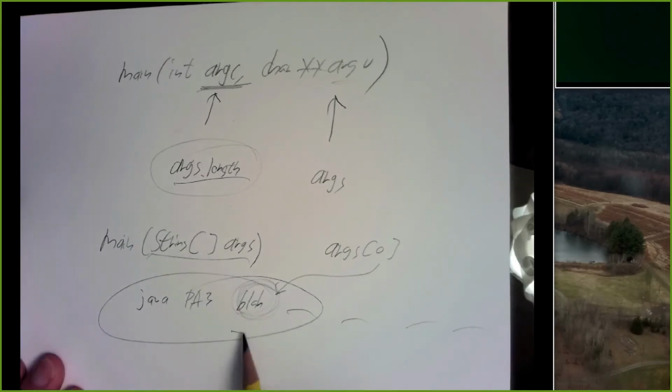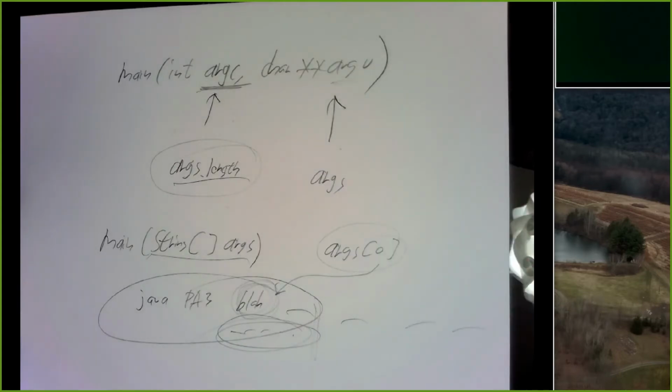So whatever symbols you put after this, up to the first space, goes into args[0], and it's a string. If it's a hexadecimal number, you could use Integer.parseInt to change it into an integer internally and so on. But it's the same as we saw in C, where this is basically an array of strings, or an array of char stars in the language of C.